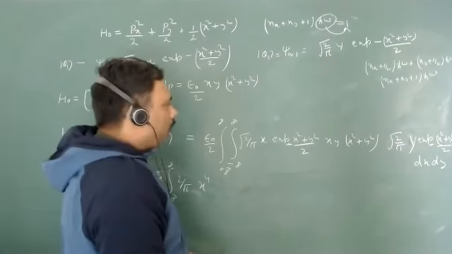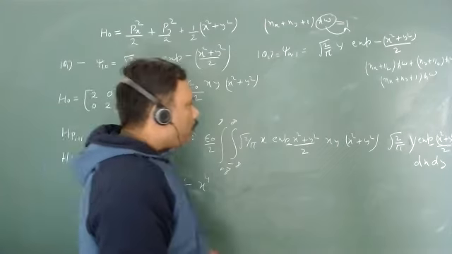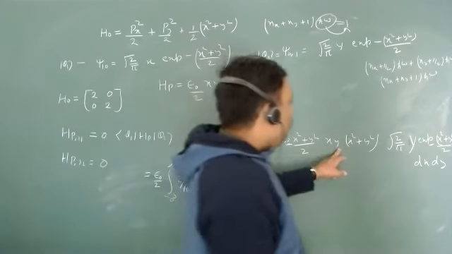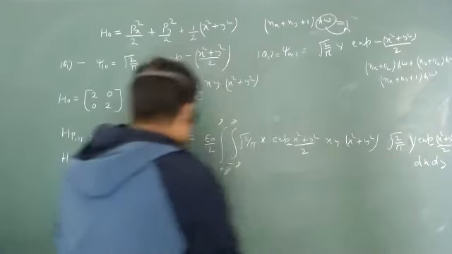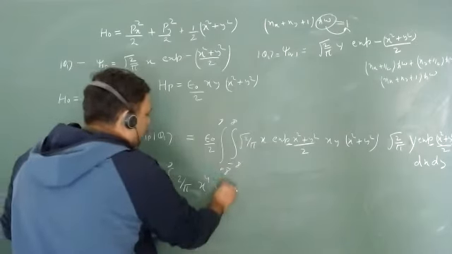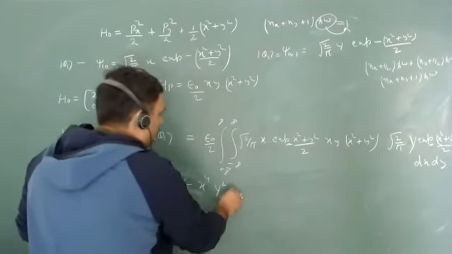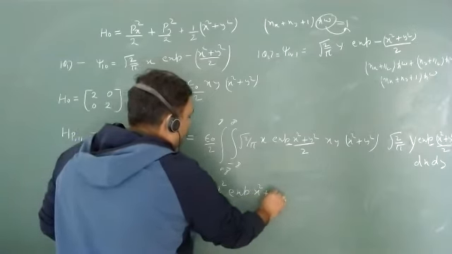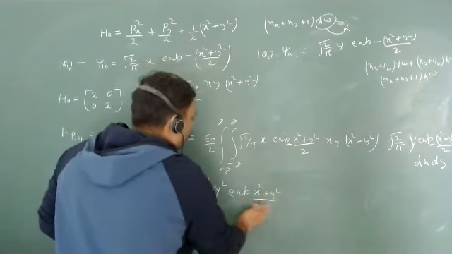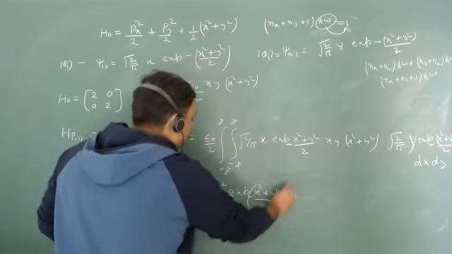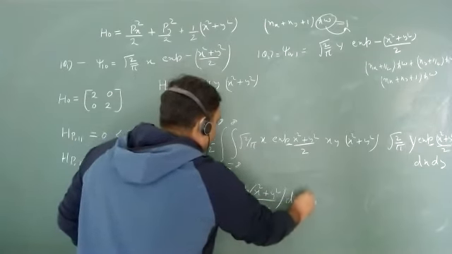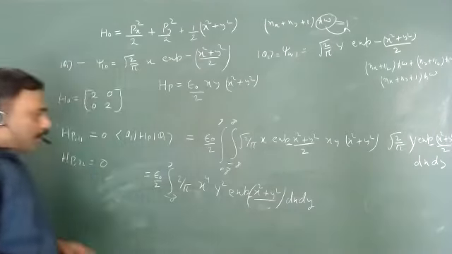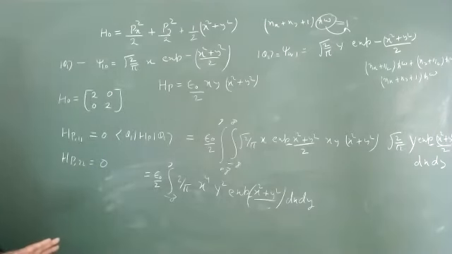And we have this y and this y, so that value is y square, and you have exponential of minus x square plus y square by 2, and this is dx dy. Are you comfortable up to this?